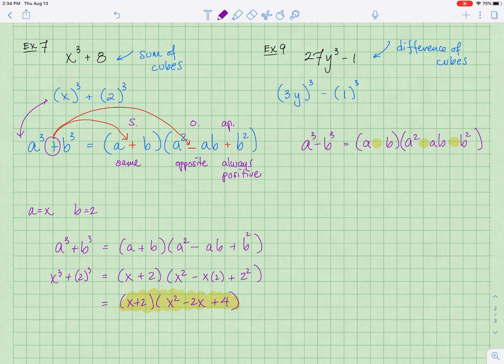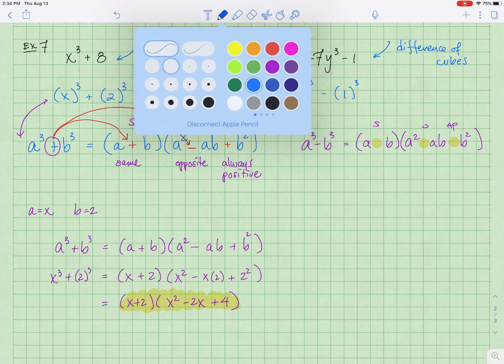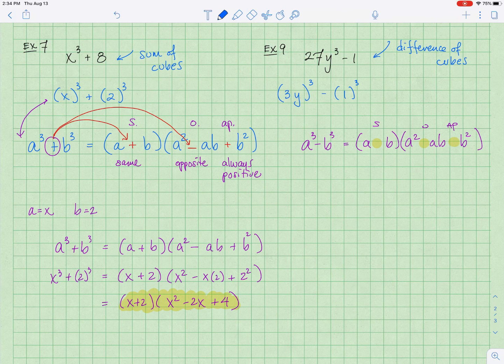This is going to be the same, opposite, always positive acronym. And so since this guy started out negative, this will be negative, opposite, always positive. And in this case, A is 3y and B is the number 1.